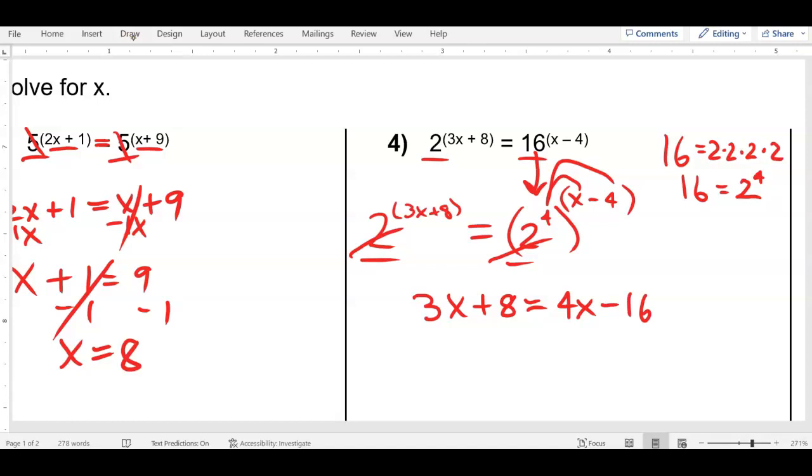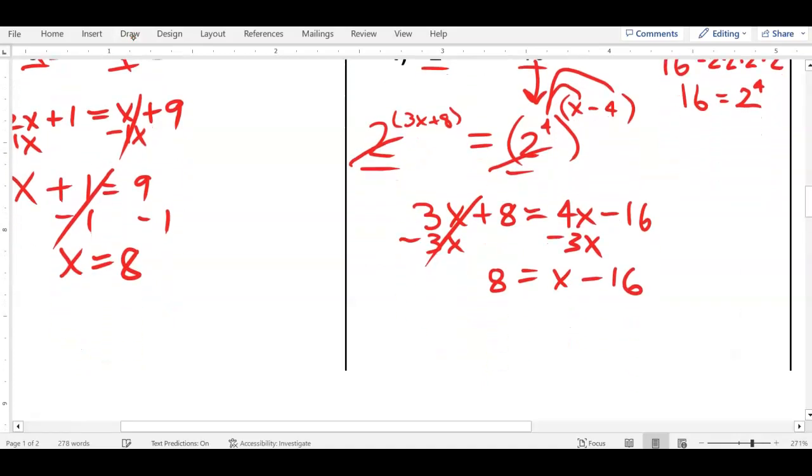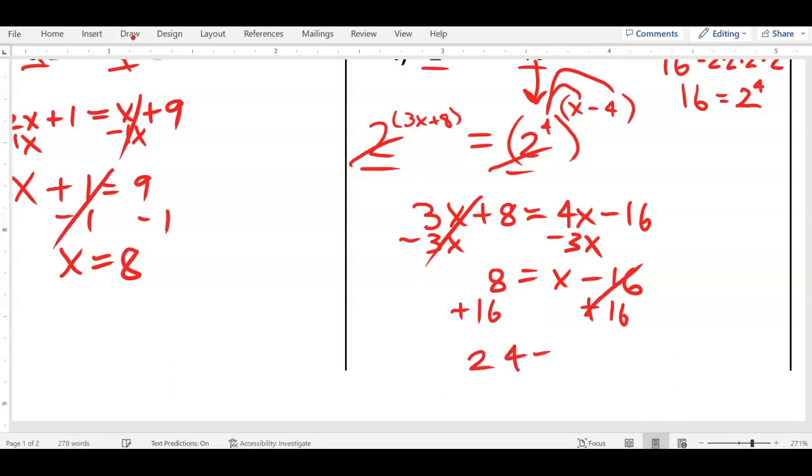And once again, I'm going to get rid of the smaller x, which is 3x. It's positive, so I'm going to subtract 3x. Subtract 3x, and I get 8 equals 4 minus 3 is 1x. And then my last step to get rid of the minus 16 on the side of x is to add 16. 8 plus 16 is 24.